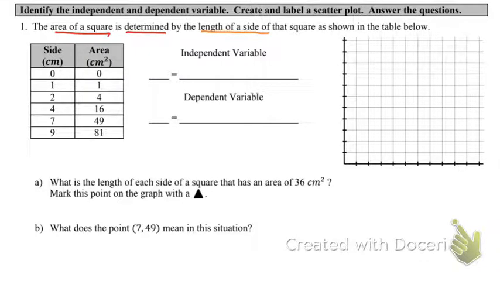In other words, in order to understand the area of the square, we have to first know the length of the side. That means the area of the square is dependent on the length of the side. Which in other words means the independent variable is going to be the side length.